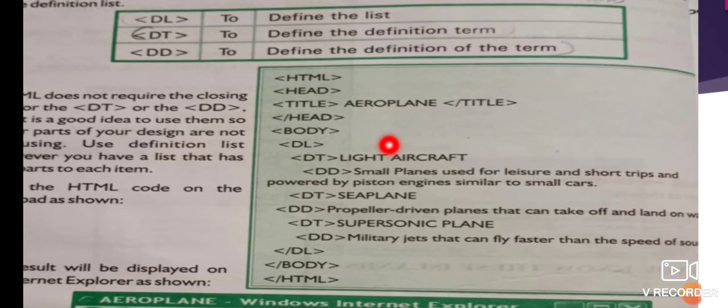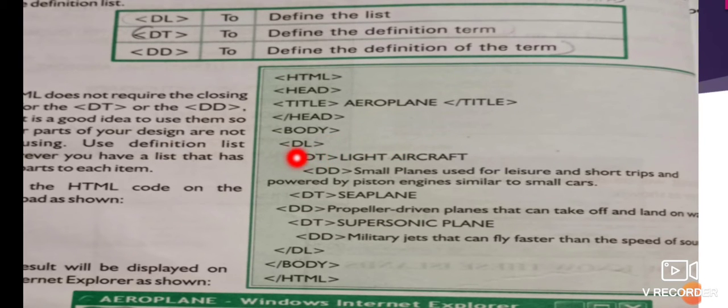We are going to define the list. So start with the DL tag, and then next line is DT. So first DL, DT, and then DD.